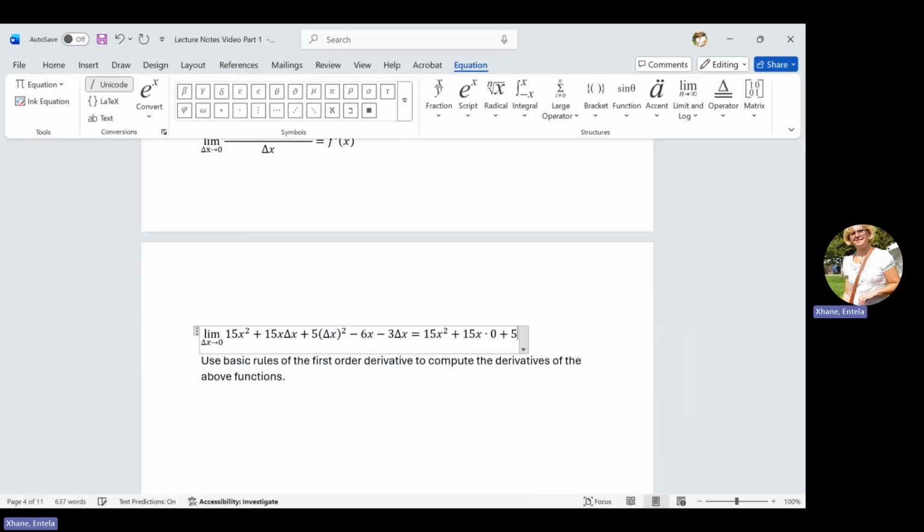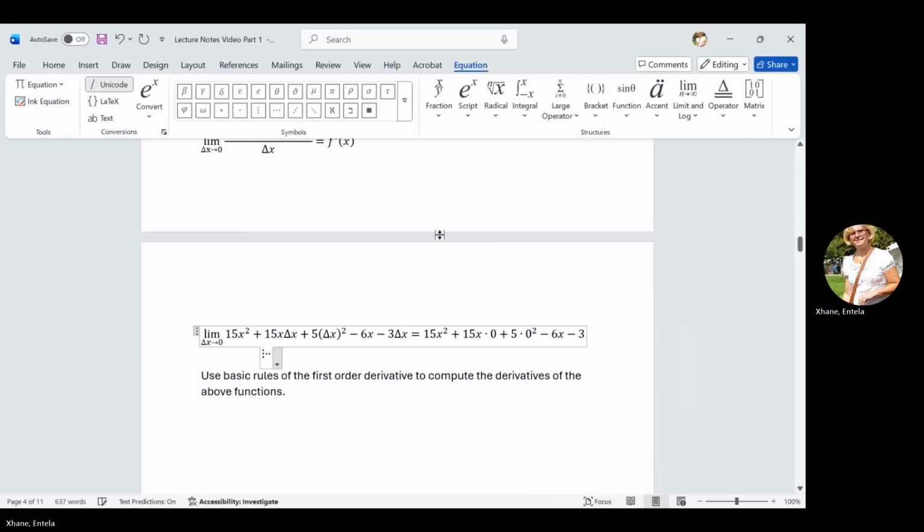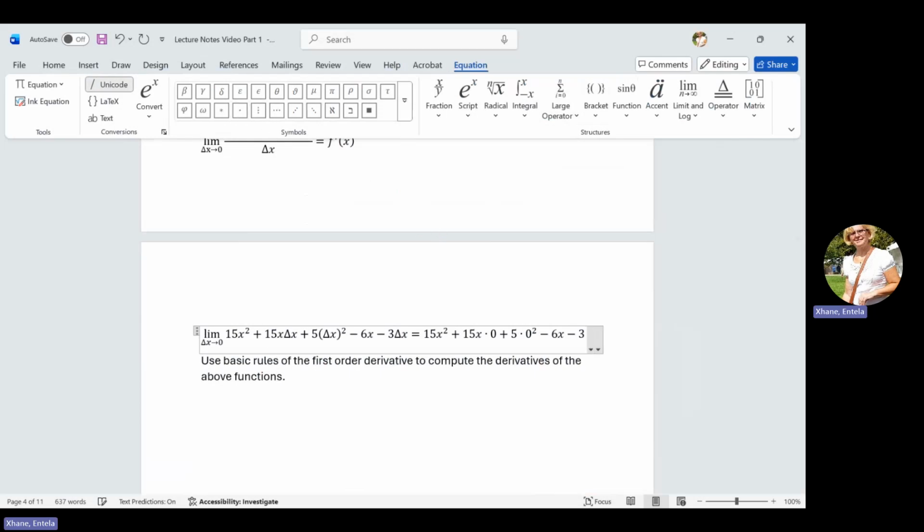The third term, the 5, will be multiplied by 0 squared because we have a delta x squared. Minus 6x is going to stay as it is, and minus 3 times delta x is going to become times the 0.